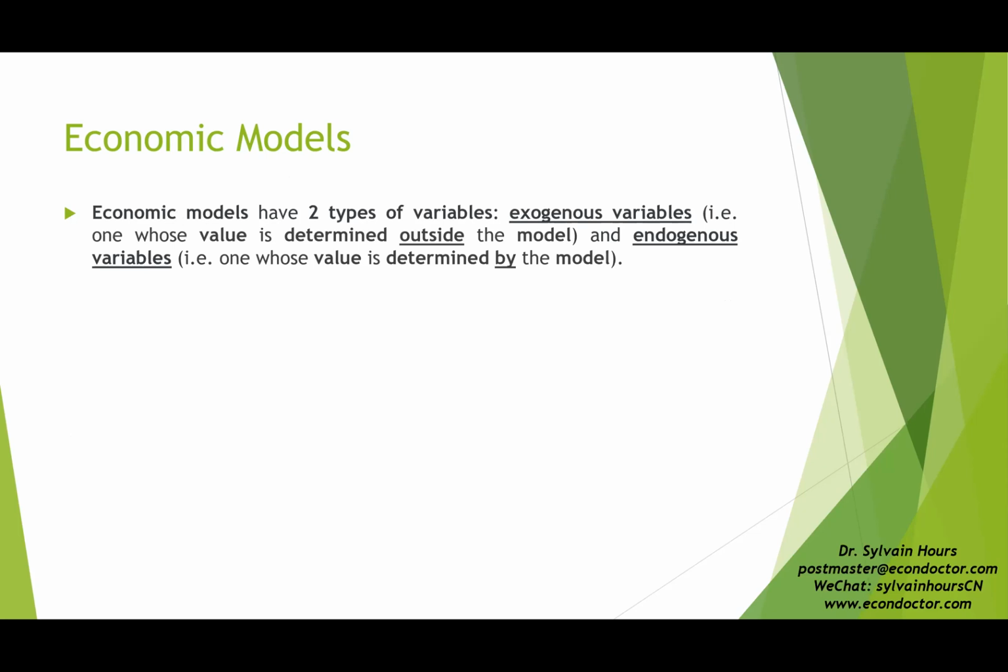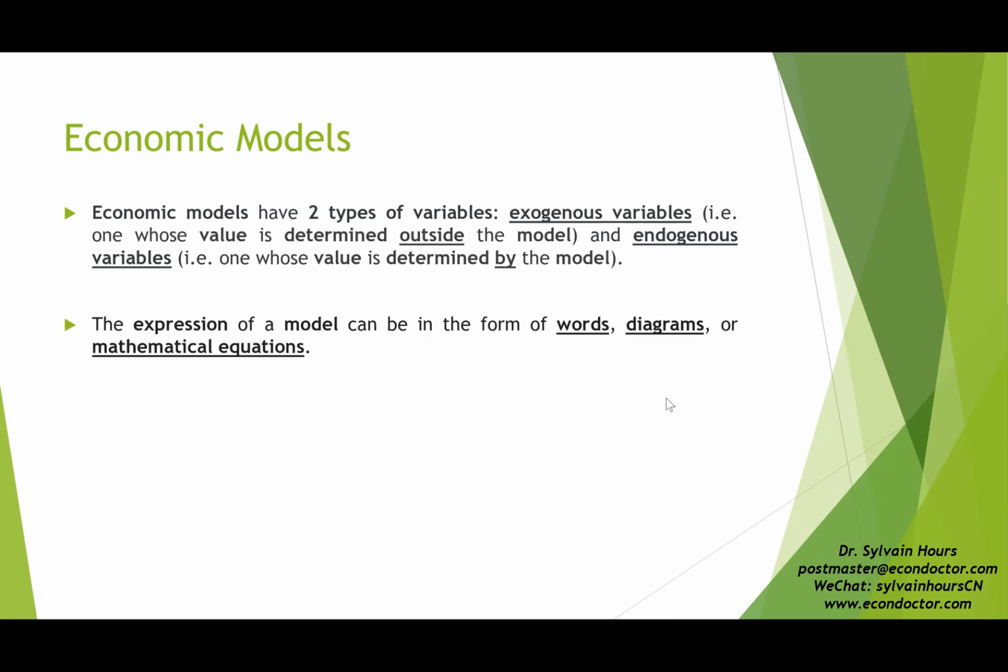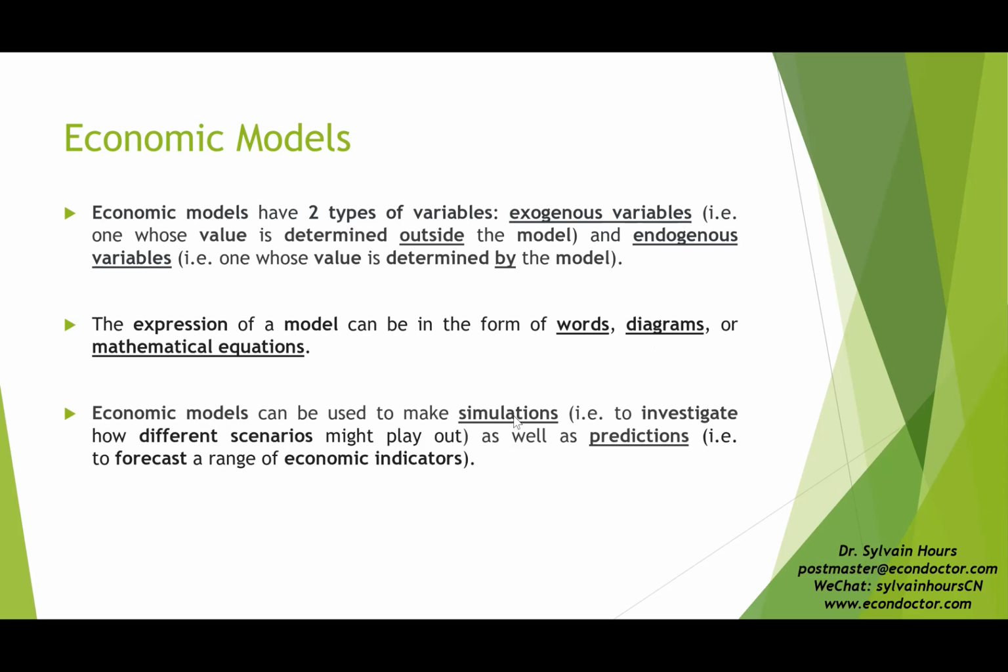And there are endogenous variables, which are variables whose value is predicted or determined by the model. It's quite important to understand the difference between exogenous and endogenous variables. Of course, you can describe a model using words, diagrams, or mathematical expressions. You can make simulations or predictions. This is not very useful, so I'm going to move fast on this.